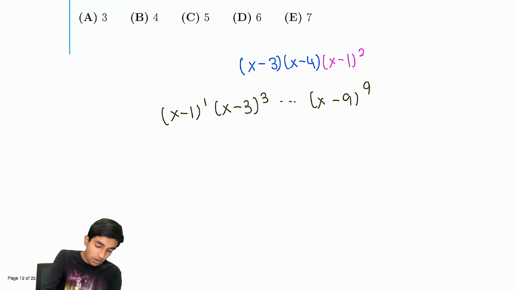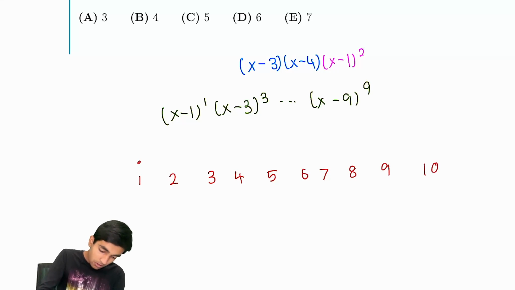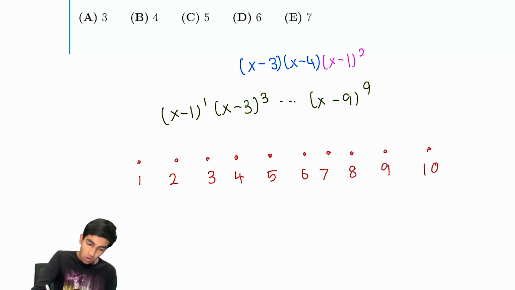And just to see this, I'm going to write all of the values on the number line. So what happens if x is less than 1? Well, of course, we're going to ignore the squares because we know those are positive. If x is less than 1, this is negative, and all the way till this is negative.